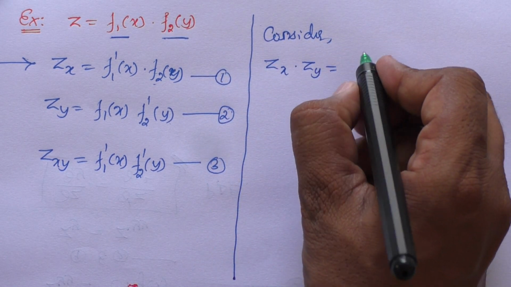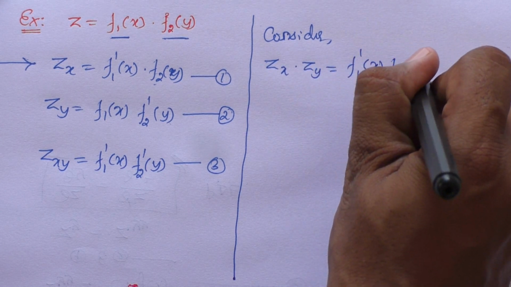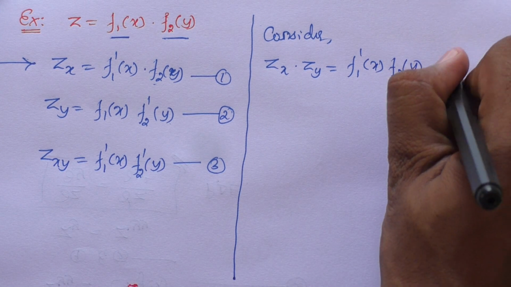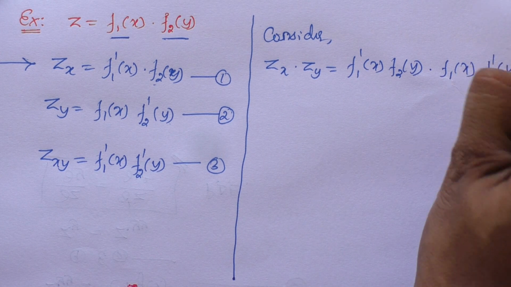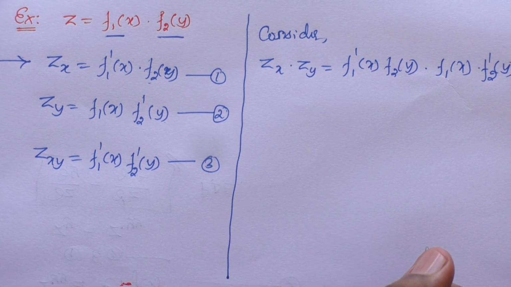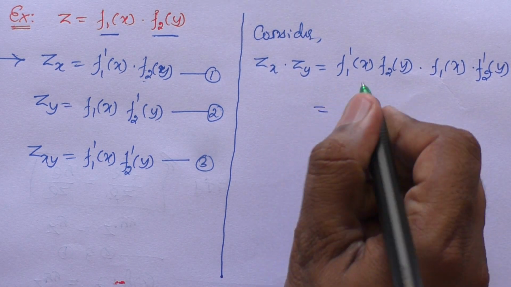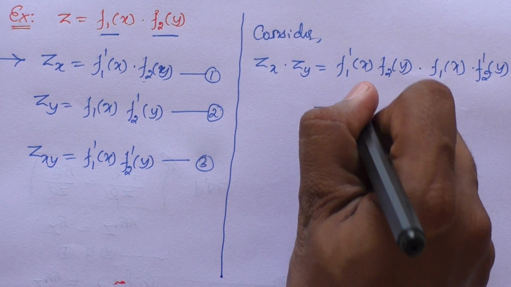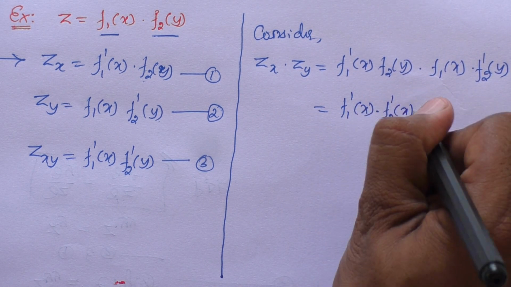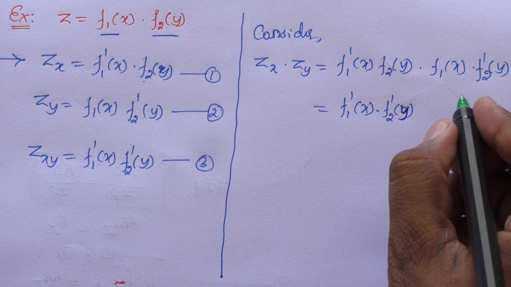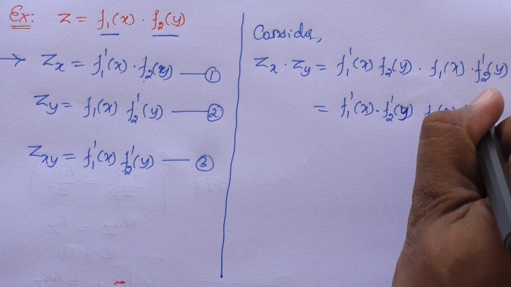So zx into zy means f1 dash x into f2 y into f1 x into f2 dash y here. So if you take this, it can be written as f1 dash x, f2 dash y into f1 x into f2 y.